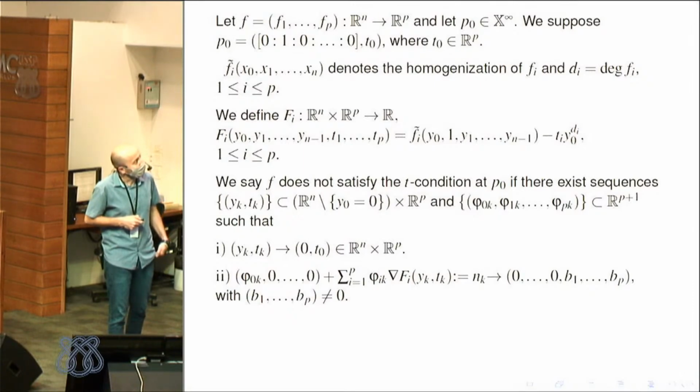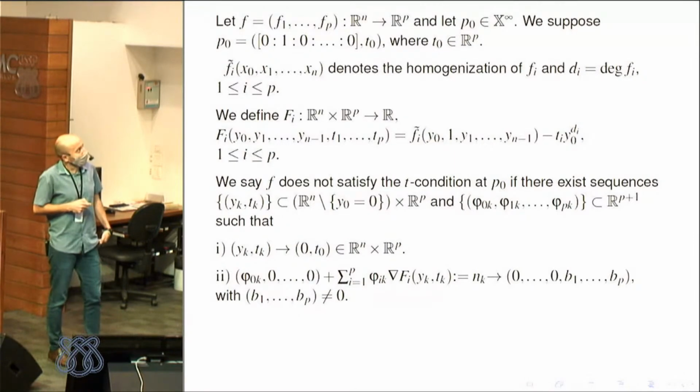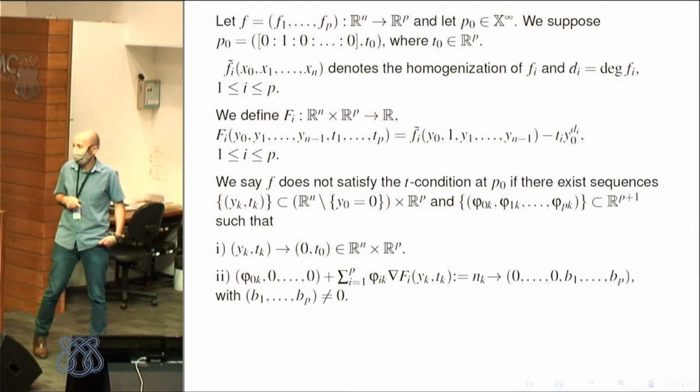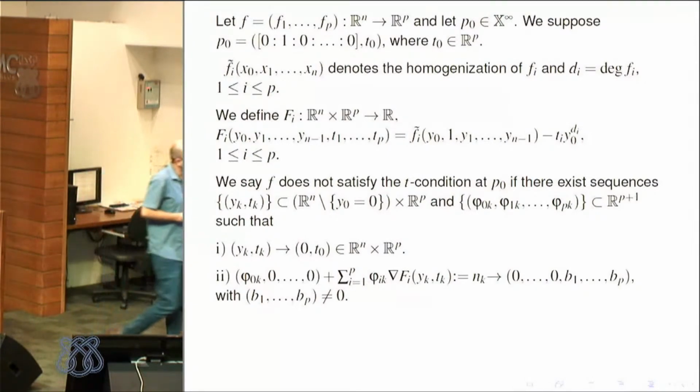The first n coordinates are equal to 0, and you have a vector in Rp that is not equal to 0. So we say that f does not satisfy the t condition at P0 if you have this behavior for the vectors. Geometrically, some words.